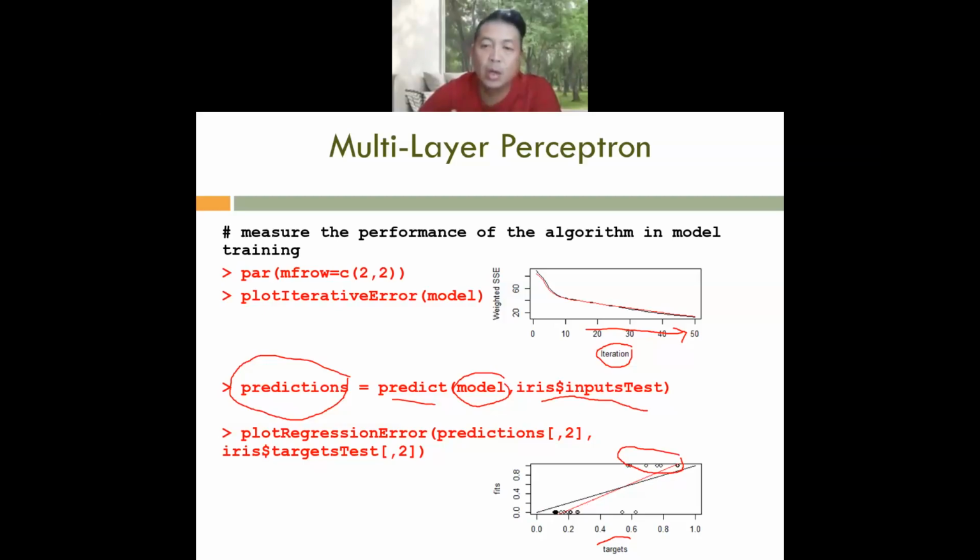The red one is the one that you predict, which should be aligned with the black one. So we can use correlation to measure between the training that you have and what you have in the test.